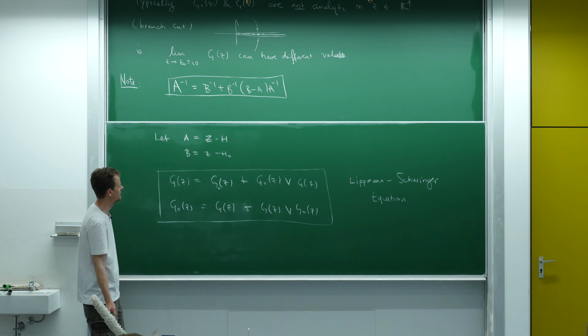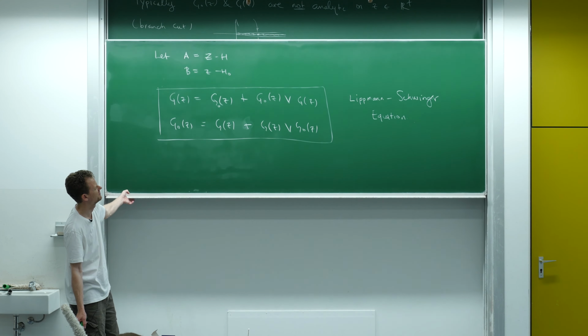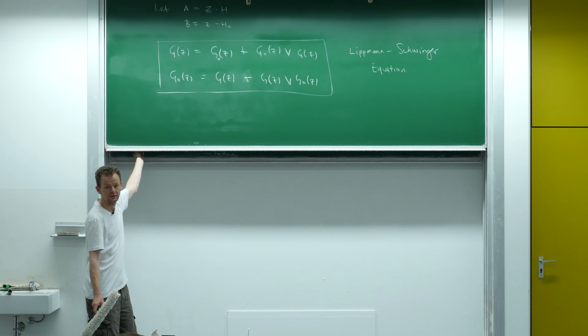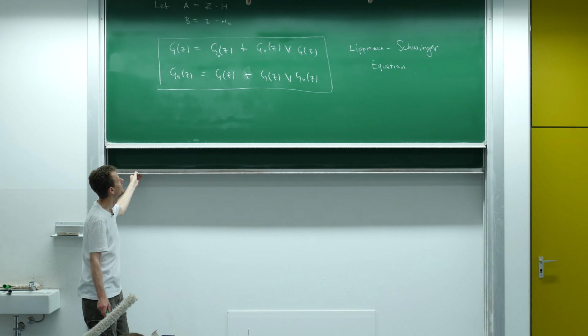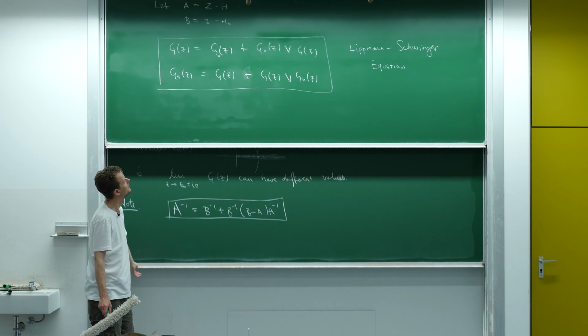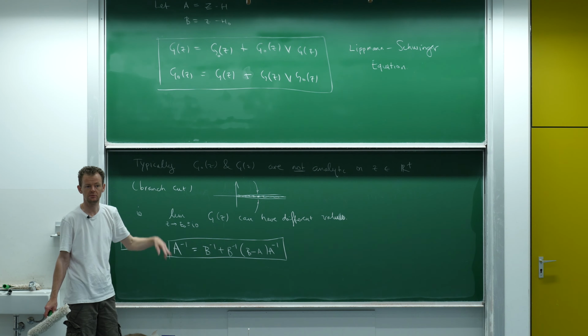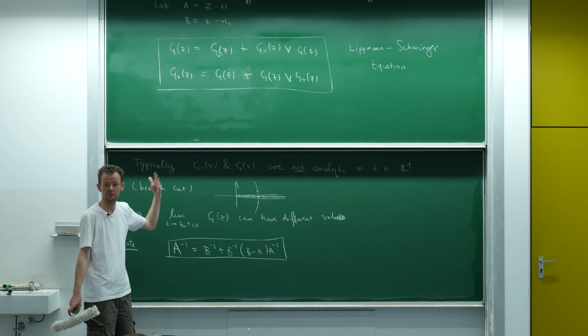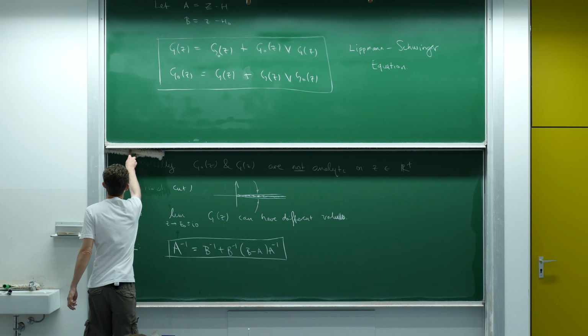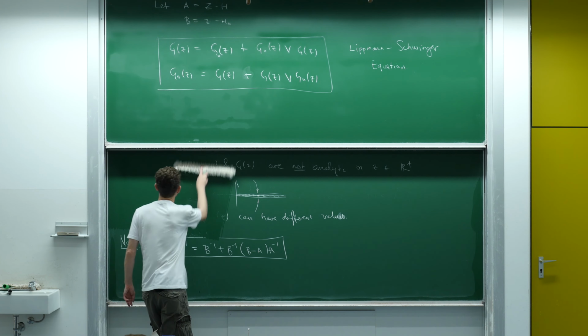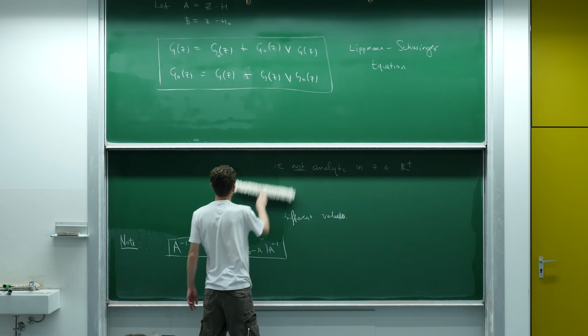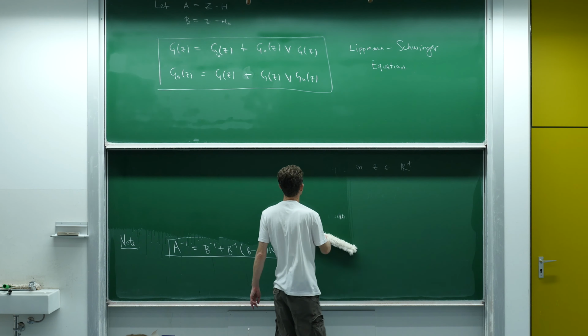Because this tells us that G equals G naught plus something presumably small. So the second term, G naught V G, I mean, hopefully that's kind of small. So maybe you can iterate this expression to get some kind of perturbation theory for G. And that's exactly what we do.